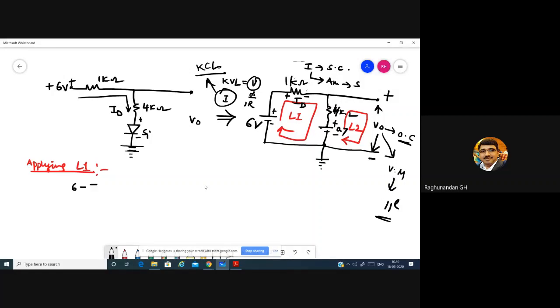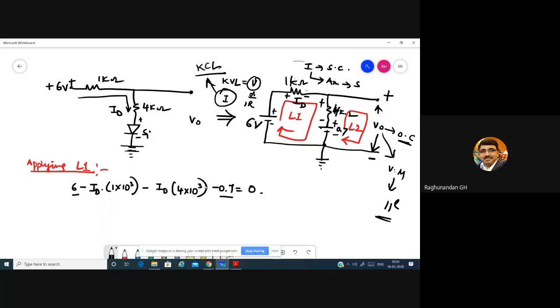So we take minus ID into R, R is 1 kilo, 1 into 10 to the power of 3. Then plus to minus, minus ID into 4 into 10 to the power of 3. After that plus to minus, it is minus 0.7. The loop is closed, equal to 0.